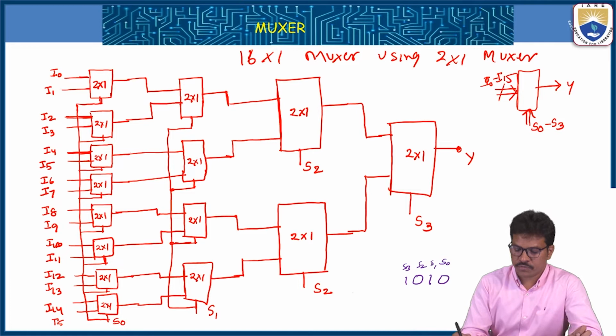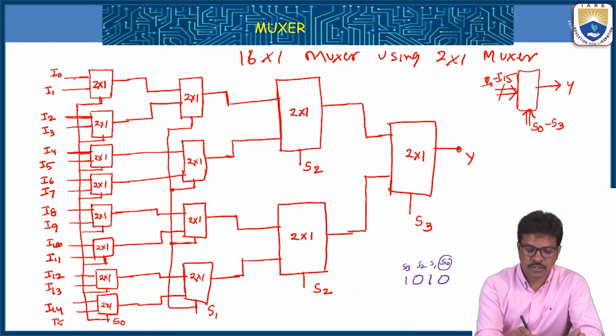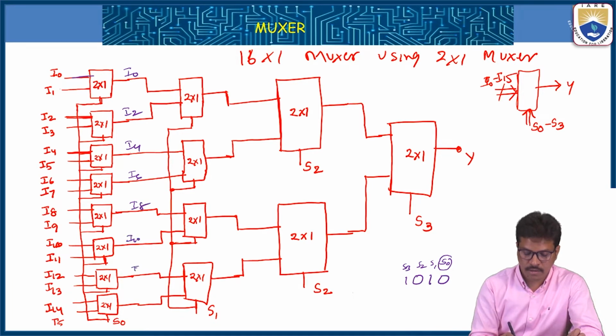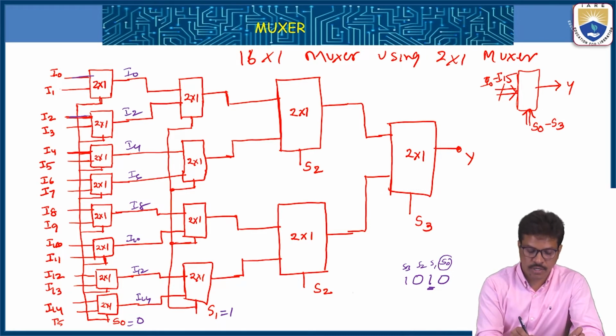If S0 is equal to 0, this is the path: I0 here, I2 here, I4 here, I6 here, I8 here, I10 here, I12 here, I14 here. But what about S1? S1 is equal to 1. It selects all the first path signals. So it is like this.